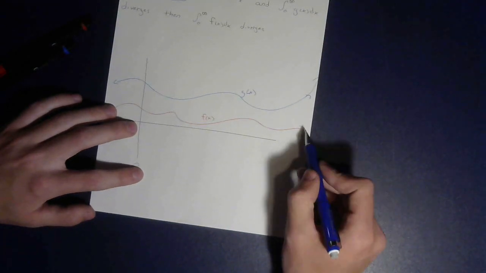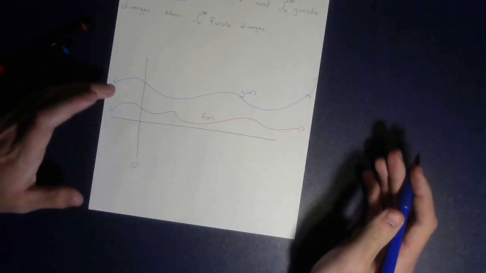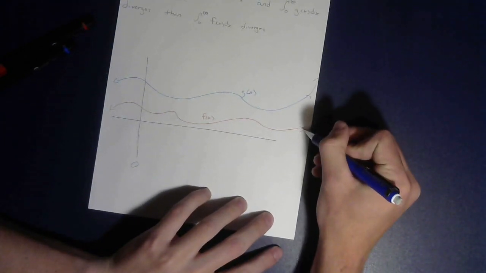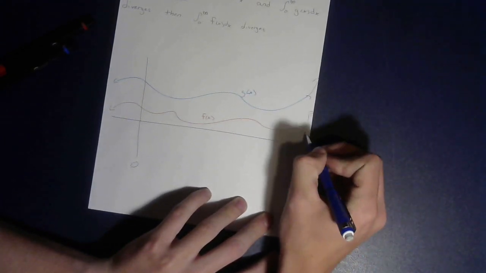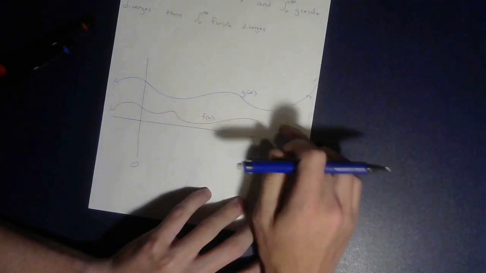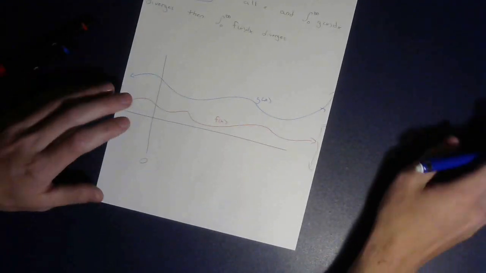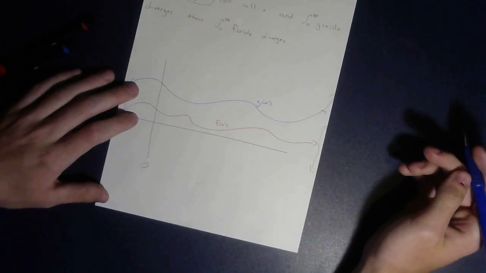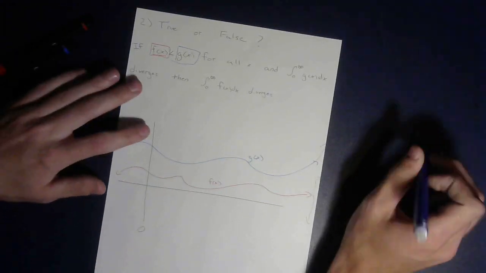If we look at this, we can see that it's not actually forced to. It doesn't have to if it doesn't want to. So it can go off that way, but it can also just as easily go down and cross the x-axis again, meaning it would have a definite area. So this is false.